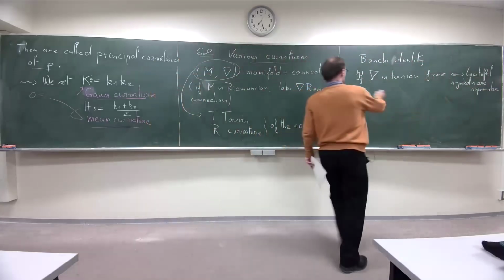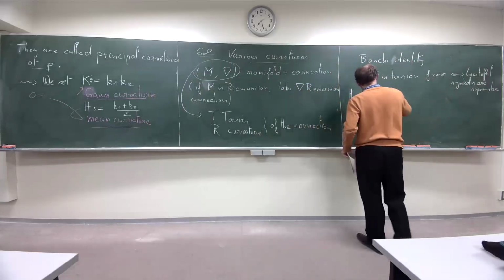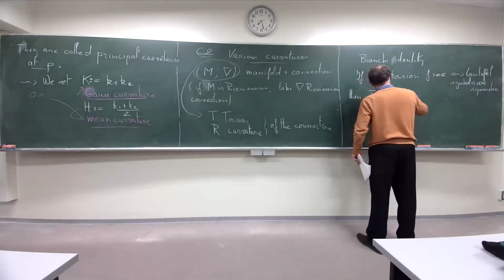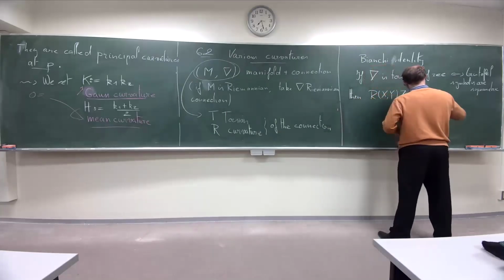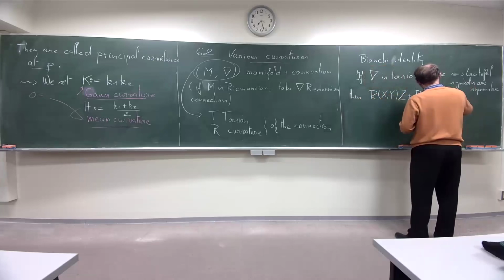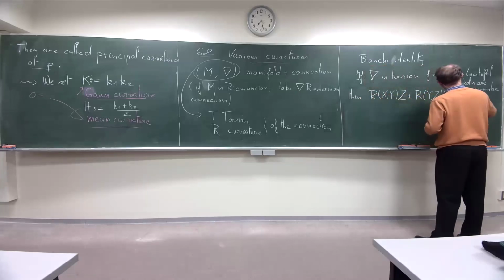So if we are in this setting, then there is a certain equality. I think it plays a role in relativity. That's why I wanted to mention it. I'm not sure I will really use it later, but let me mention it.